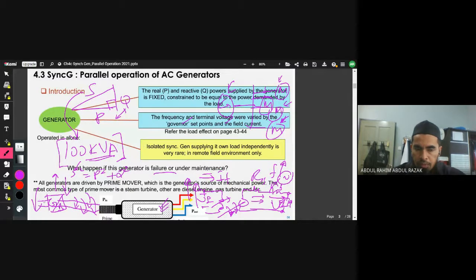So if we have slow moving but high force power, we better put a gearbox to increase the shaft rotation before we feed into the generator.